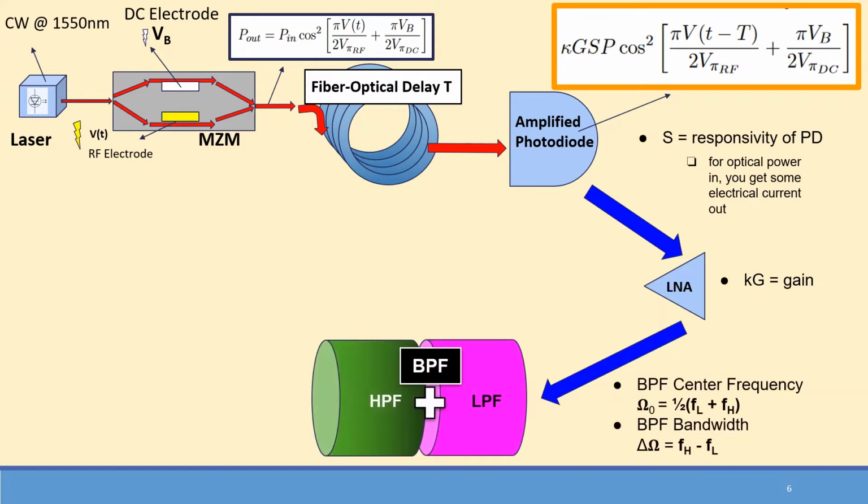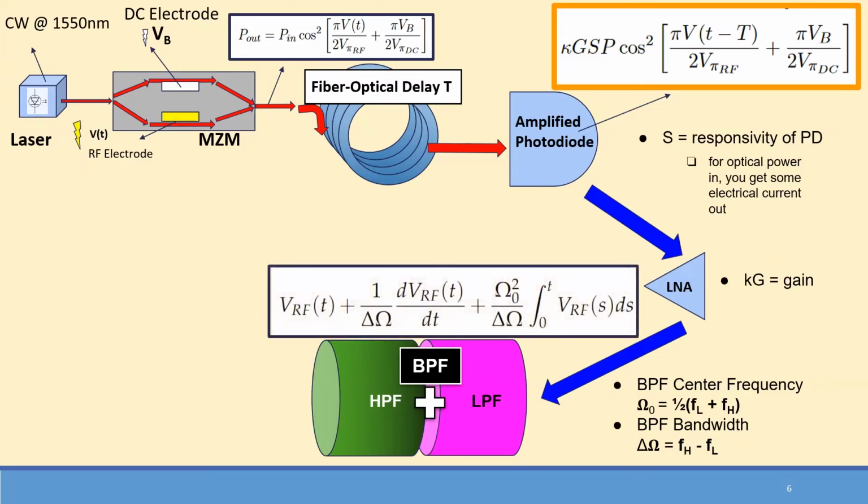Then this is filtered through a cascaded bandpass filter, consisting of a low pass filter with a high cutoff frequency, which passes low frequencies, and a high pass filter, which passes high frequencies. They're cascaded together, and here we have some important details about it.